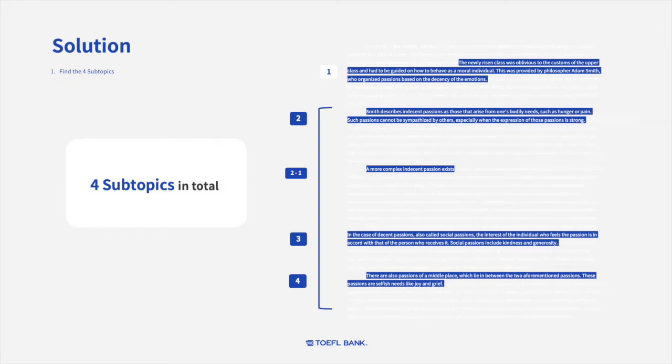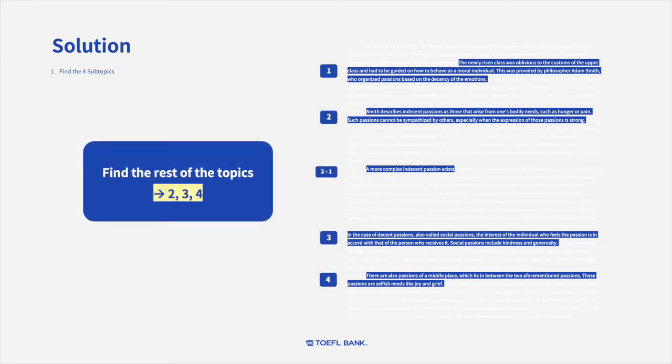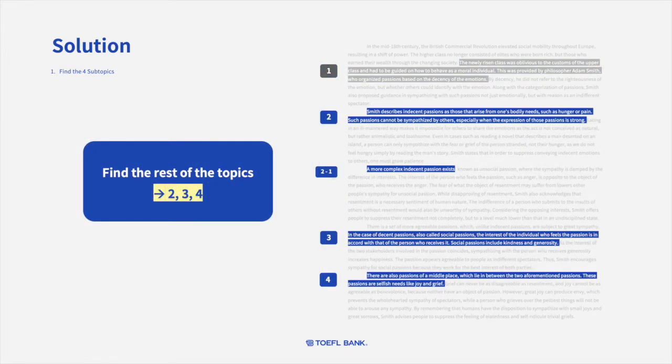The question provides us with the first subtopic, which is in the introductory sentence. So what you have to do is to find the choices that contain the rest of the topics, as in subtopic 2, 3, and 4. Subtopic 1 is the introductory sentence, so you could say that there are 3 topics in total, but in this lecture we'll be including the subtopic in the intro sentence and call it 4 subtopics.